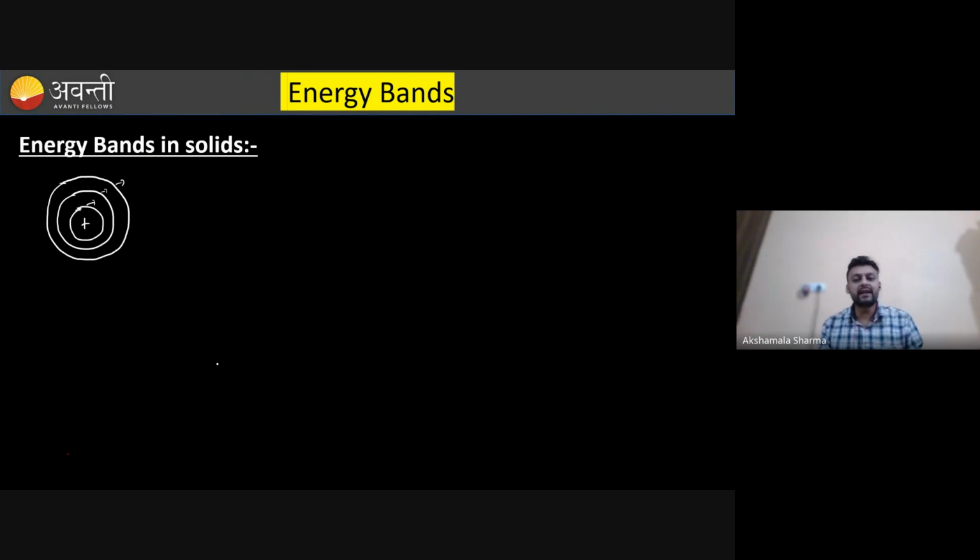If it is in the second orbit, it will have some different energy. These are generally known as energy levels. I think the first statement is clear. You can recall it from the atoms chapter. This is very simple. If you go for the shell structure, like 1s, 2s, the same follows there.